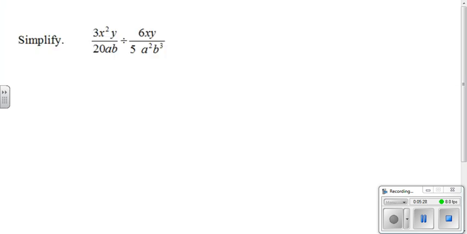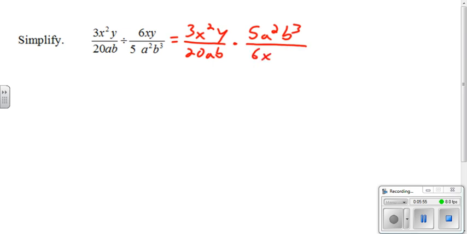So let's see how that works with some examples here. If we have 3x squared y over 20ab divided by 6xy over 5a squared b cubed, that's the same as saying 3x squared y over 20ab times the reciprocal 5a squared b cubed over 6xy.